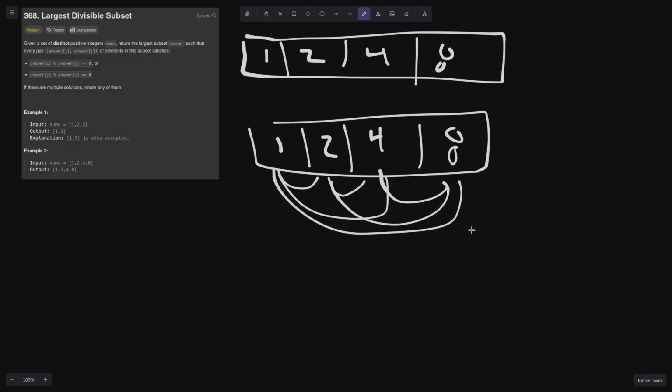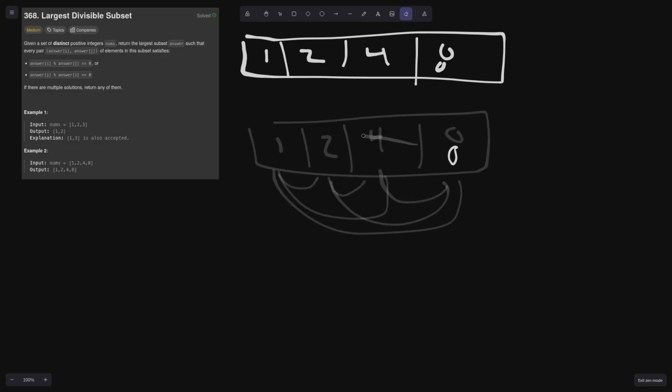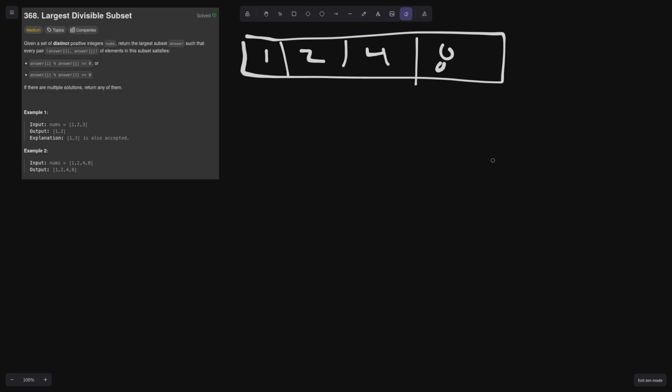All right, can we extract anything from these examples? It might be harder for some of you, but one thing to note here is that divisibility is a transitive property, correct?